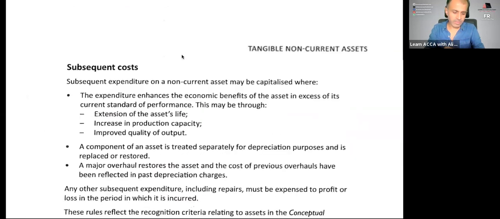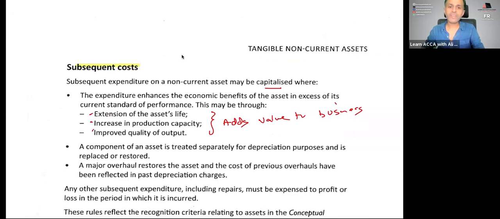Then, in regards to subsequent cost, it will be capitalized when it adds value to the business. Same three conditions: extending the useful life, improving the quality of output, extending the capacity. Same three.